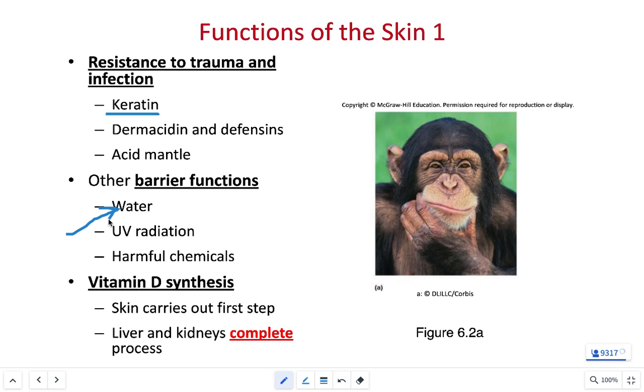It helps to waterproof the epidermis. We don't live in ponds. We are not aquatic organisms. So because we're terrestrial, we live on land, we need some way to keep the water in our bodies. And that keratin within the epidermis is a key function of that. We also have highly developed kidneys that help us not urinate out our water.